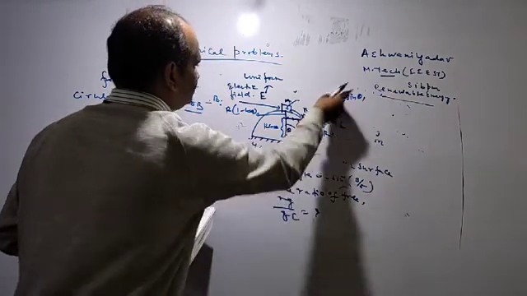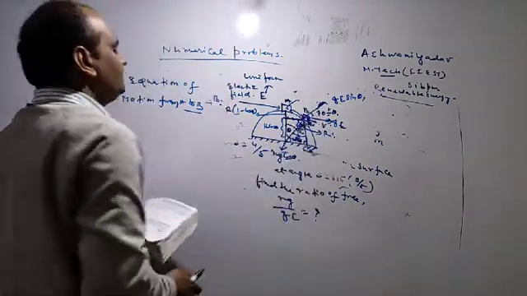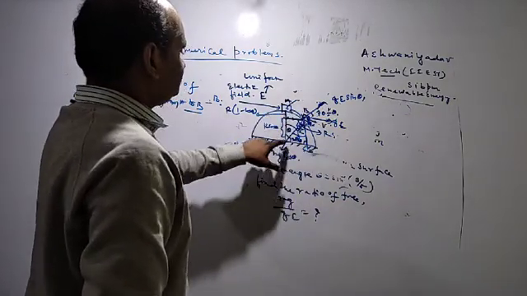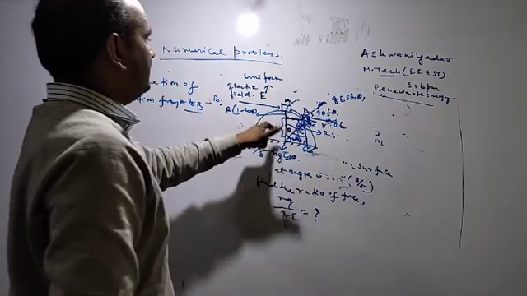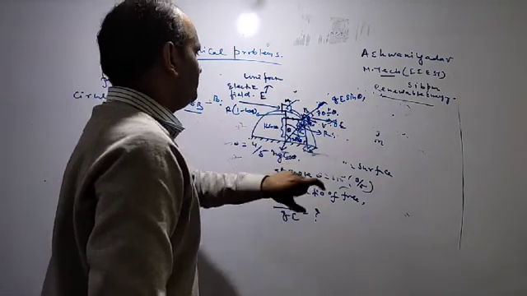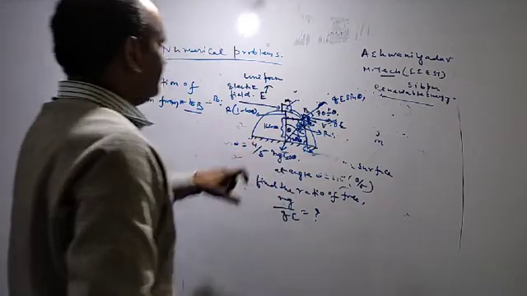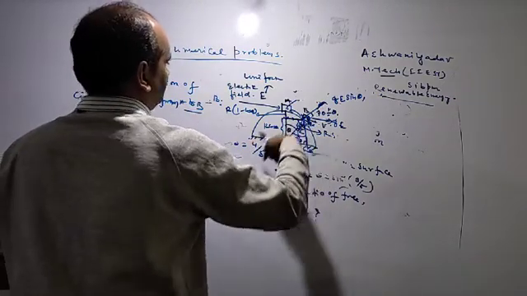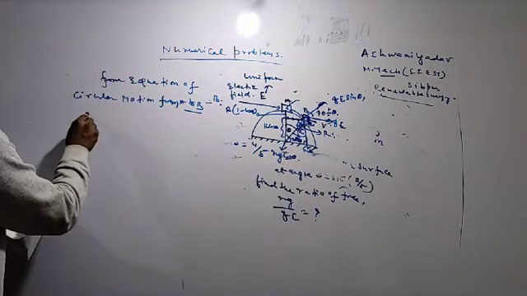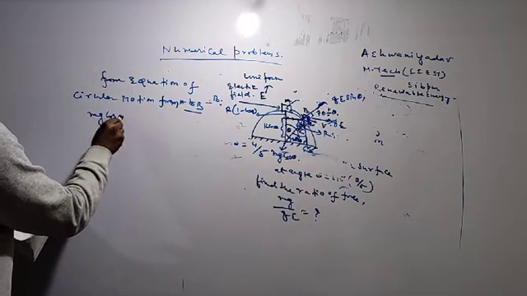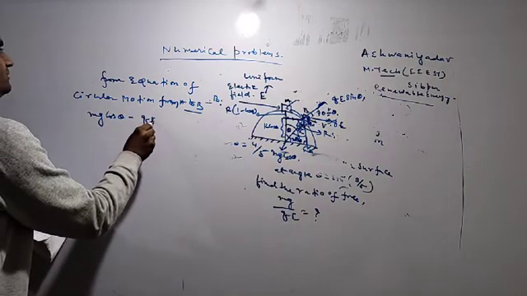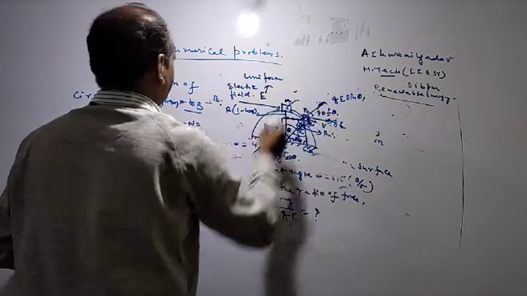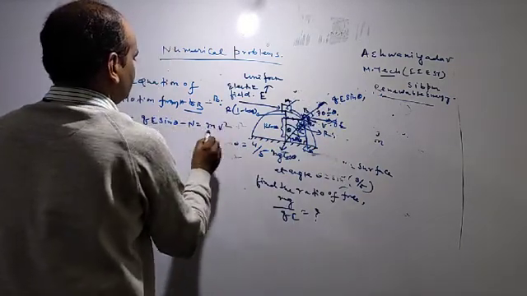So along these directions, we have the property of circular motion along the radial direction. We can balance the force and write the equation of motion, because there is acceleration v square by r, v being the velocity along this direction. So we can write the equation of motion as mg cos theta minus QE sin theta minus normal, because normal will act in this direction, equals mv square by r.